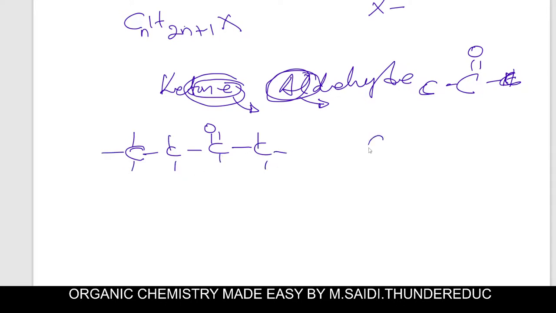And then 1, 2, 3, 4. Let me just do it like this so that it's uniform. So these are hydrogens, hydrogens, hydrogens, hydrogens. 1, 2, 3, 4, 5.